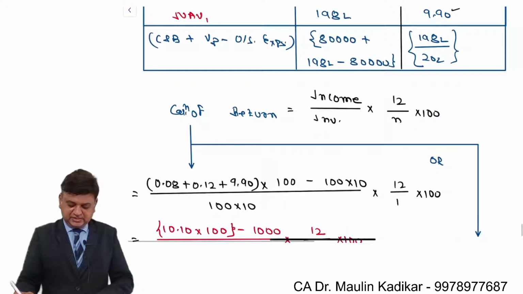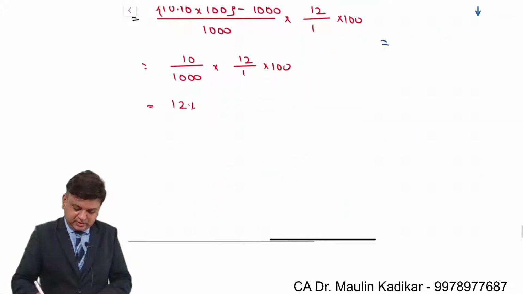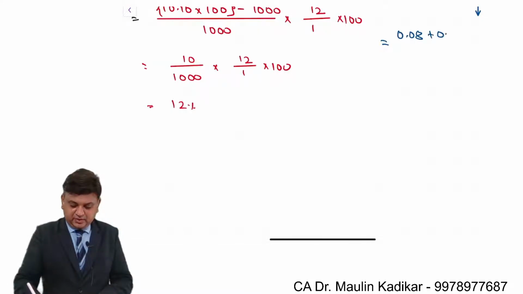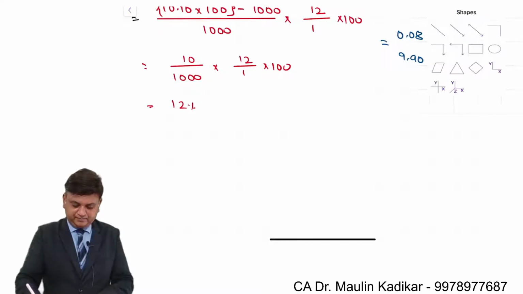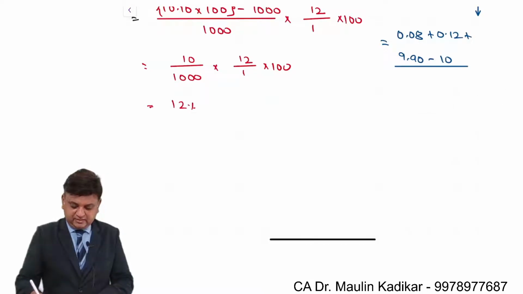Dividend income is 8 paise, so 0.08. Capital gain income is 12 paise, 0.12. NAV1 is 9 rupee 90 paise. NAV0 is 10, whole divided by 10 into 12 divided by 1 into 100.